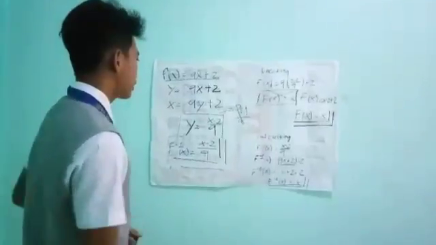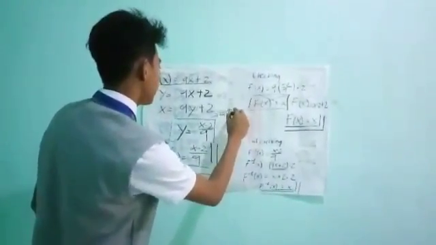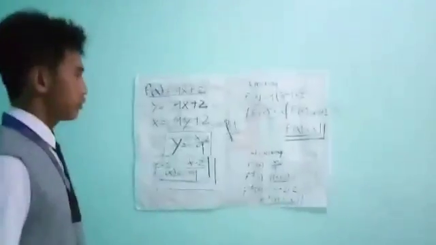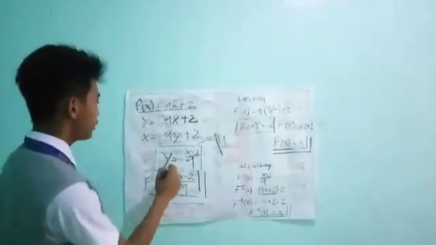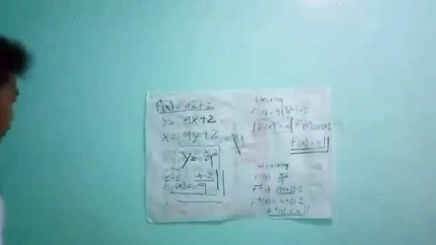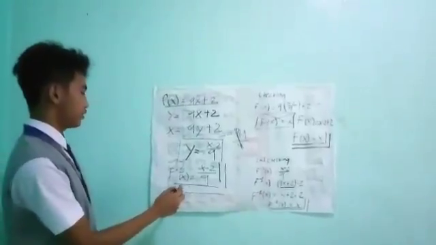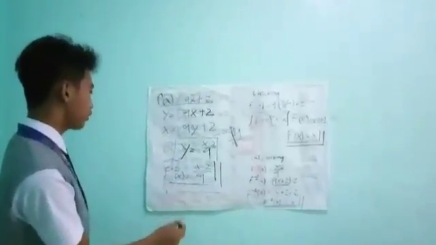So cancel out 9. So y is equal to x minus 2 all over 9. The inverse function is equal to x minus 2 all over 9.